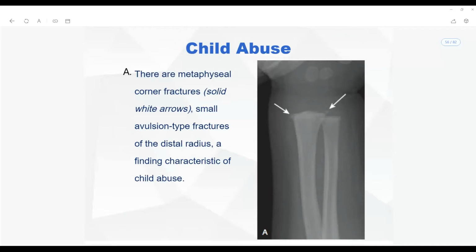Have you heard about these two terms? They are called the Electra complex and the Oedipus complex. Have you heard of these terms? Remember, Electra complex.